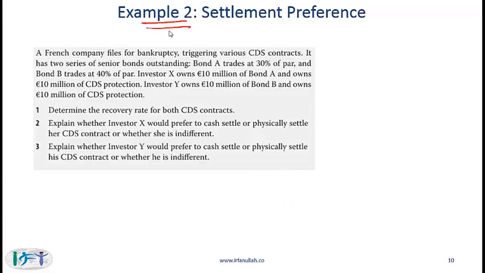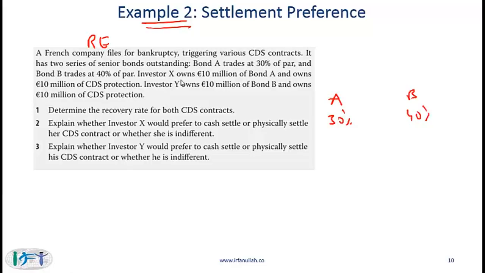Let's look at this example which deals with settlement preferences, and it is quite important. A French company files for bankruptcy, which triggers various CDS contracts. So this company is the reference entity. It has two series of senior bonds outstanding: A, which trades at 30% of par, and B, which trades at 40% of par.